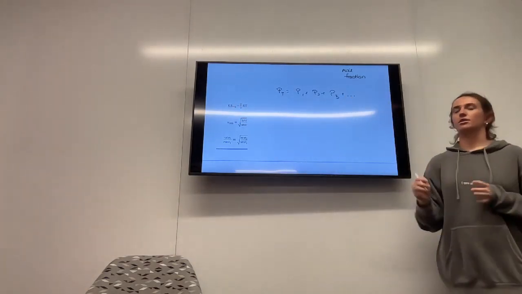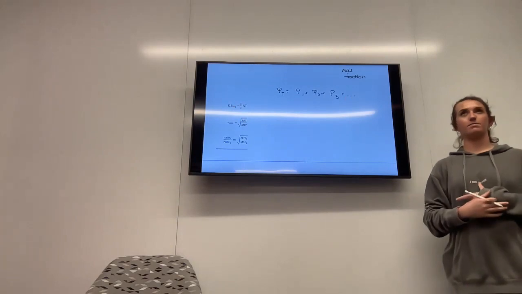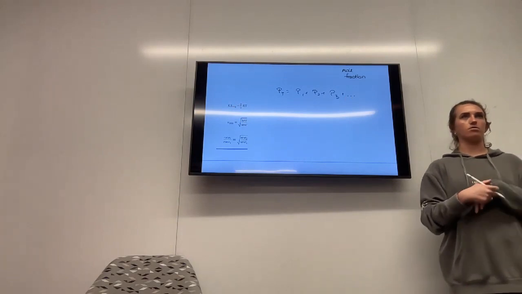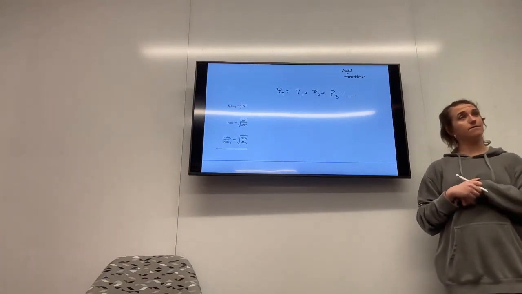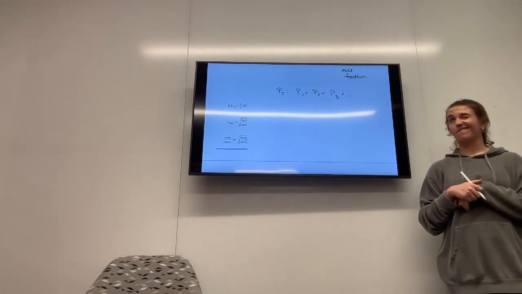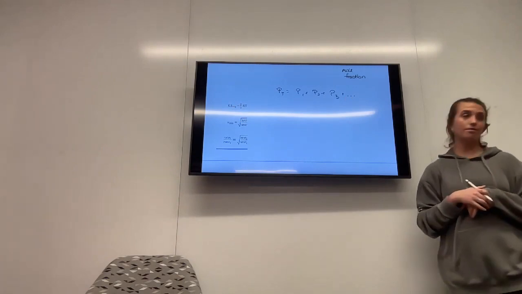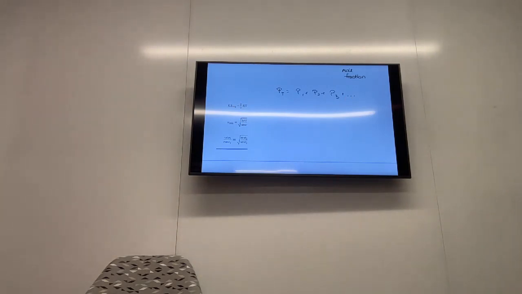So this is where a graph comes into play. Does anyone remember what that graph is called? It's on your mock exam if you looked at it. It kind of looks like this. This does start with a B. Kind of.